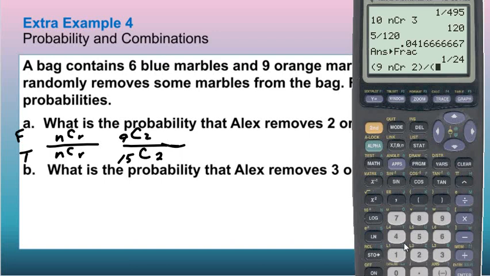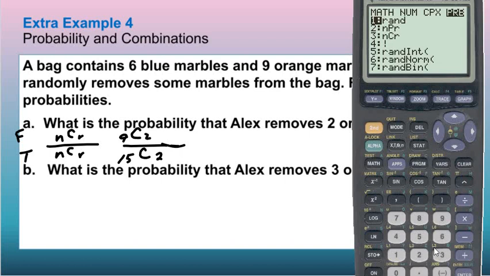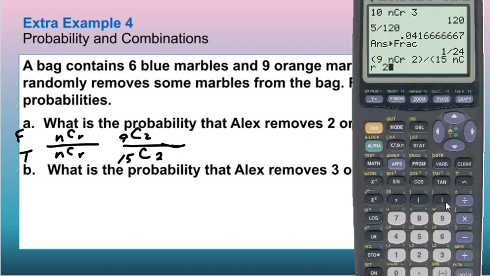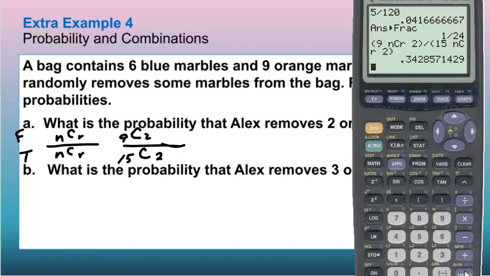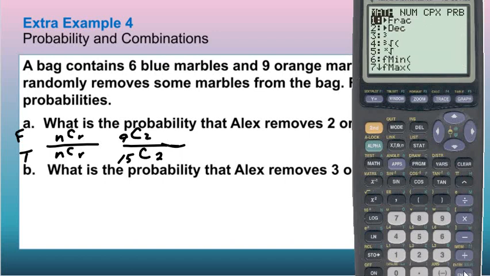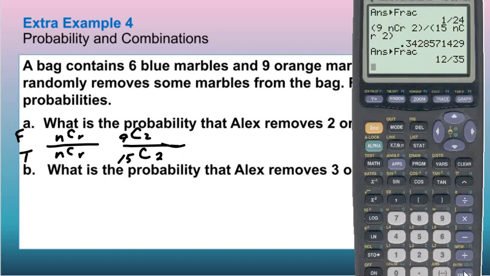Then we're going to divide that by 15 total. Math, choose 2 at a time. So if we hit the math, change that to a fraction, gives us 12 out of 35. Or if you put it as a percent, that would be 34.3%.